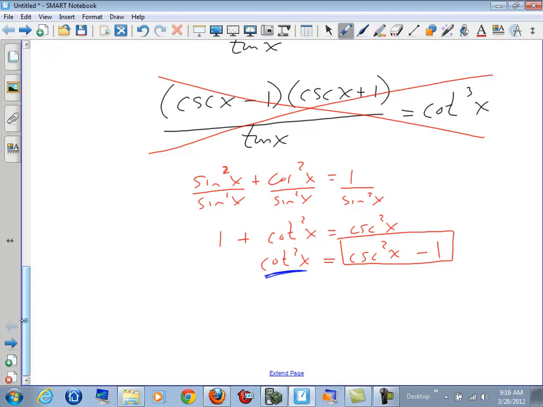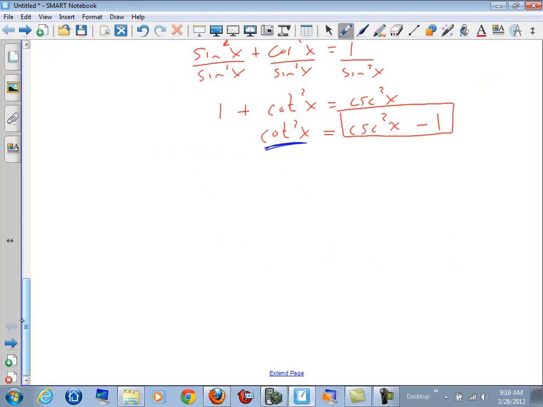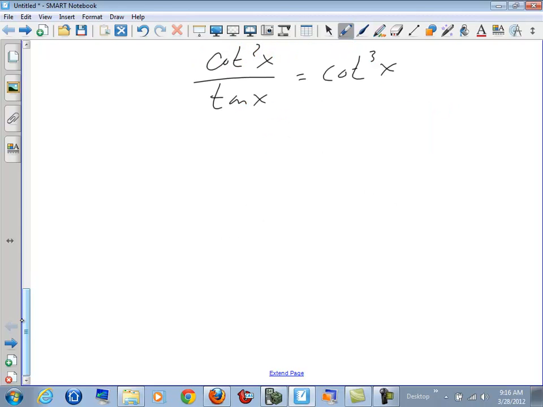So I can now rewrite the first fraction as cotangent squared divided by tangent, and I'm trying to show that that's equal to cotangent cubed. So cotangent squared divided by tangent, well, tangent is 1 divided by cotangent.